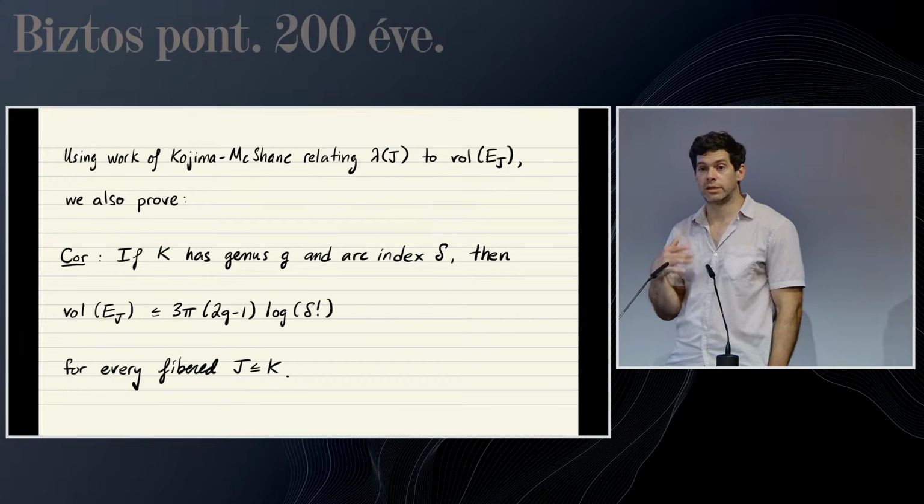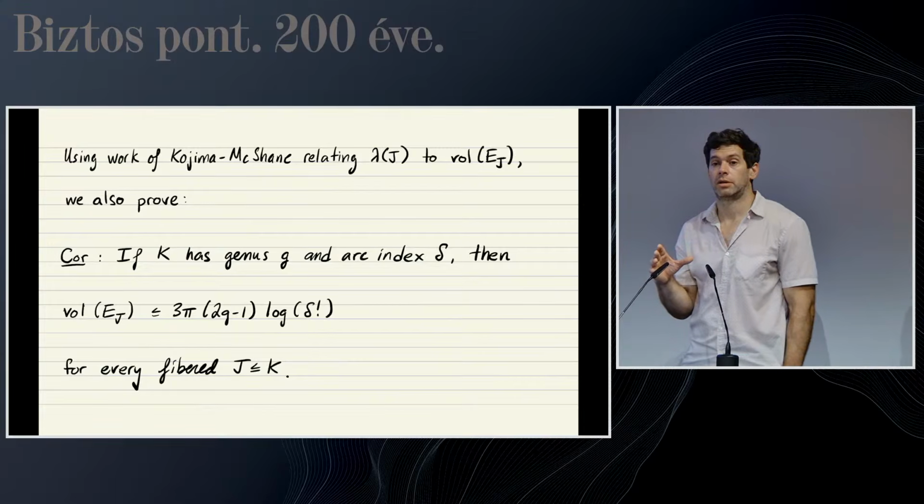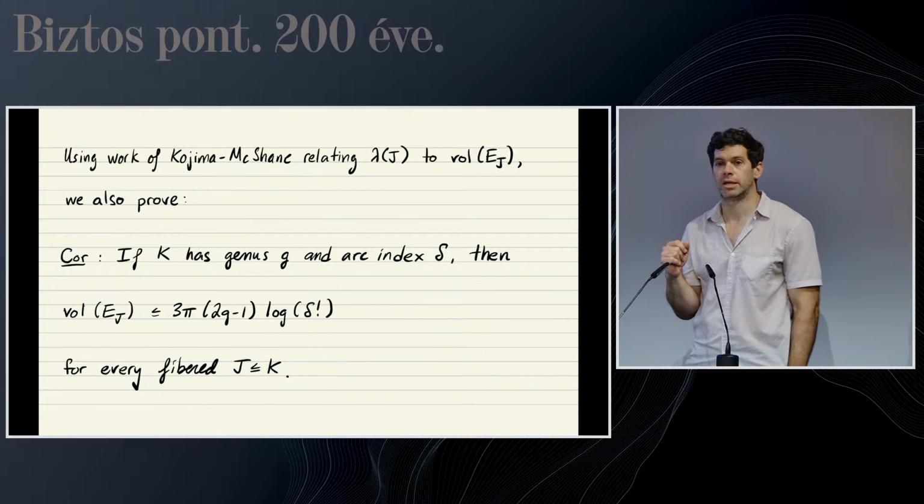So you can get a list of all potential fibered ribbon predecessors, but there might be extras in there.